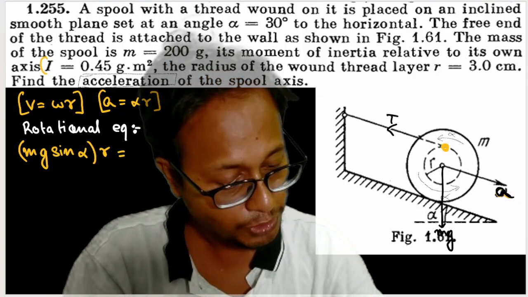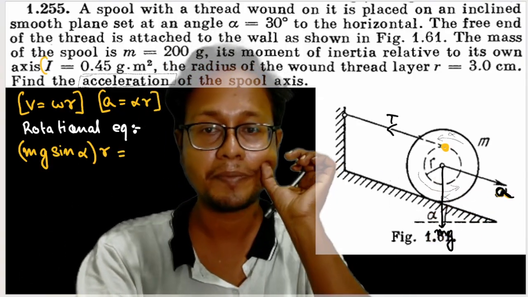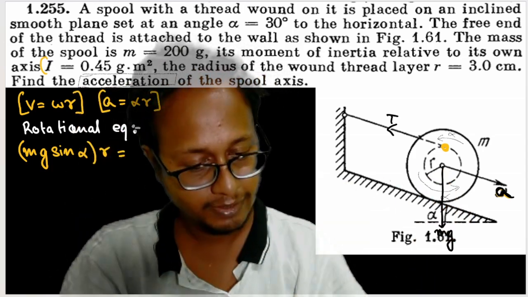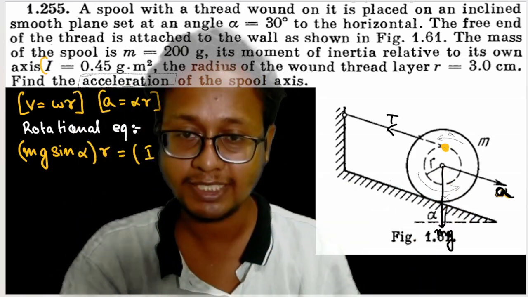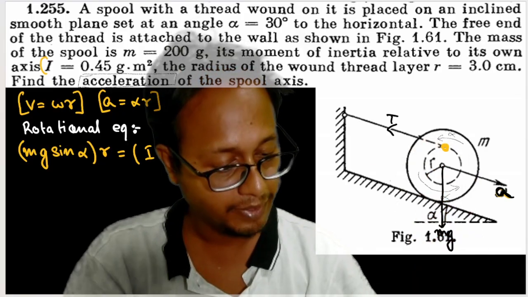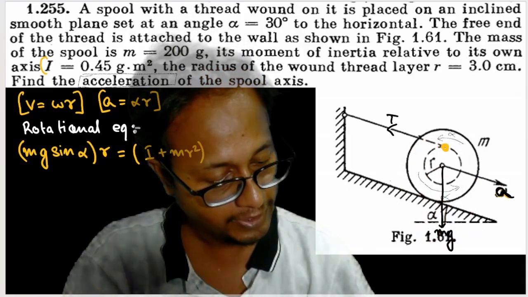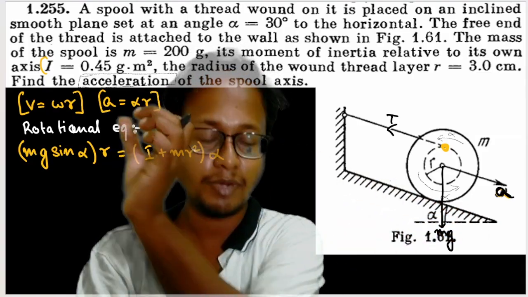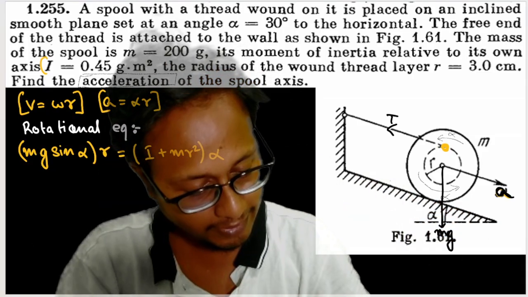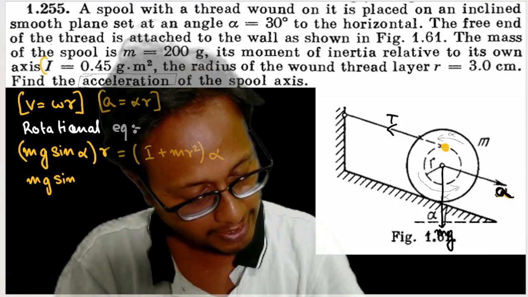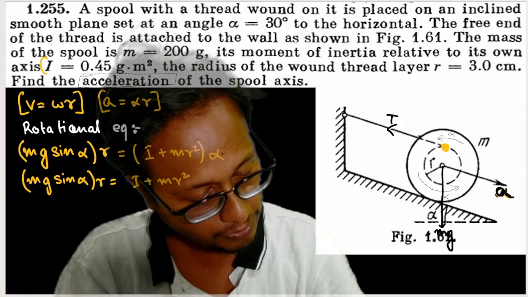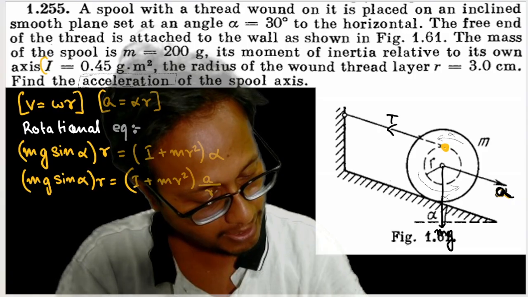And torque is equal to I alpha. What is the value of I? The moment of inertia through the center is given as capital I. If I apply the parallel axis theorem, it is I plus m r square into alpha, isn't it? And you already know that a is equal to alpha into r, or alpha is equal to a by r. So mg sin alpha into r is equal to I plus m r square into a by r.